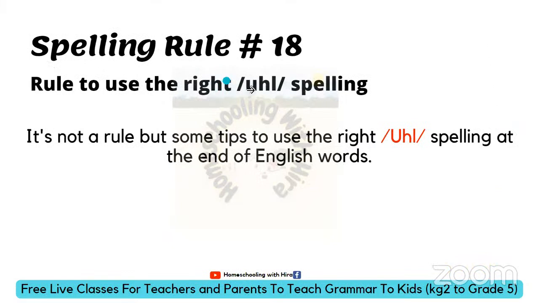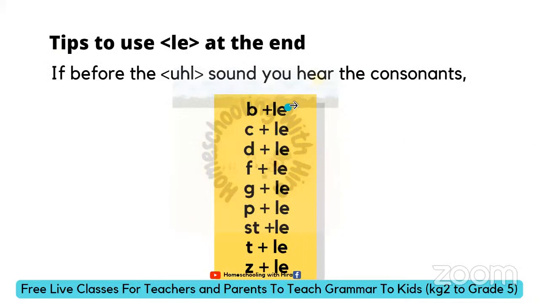Okay. Rule to use right ul sound. Ul sound. This is just an additional rule, this is not a rule. Once again, it's not a rule. These are just my findings that I found from some other classes and how to teach these things to kids. So these are tips, not rules.